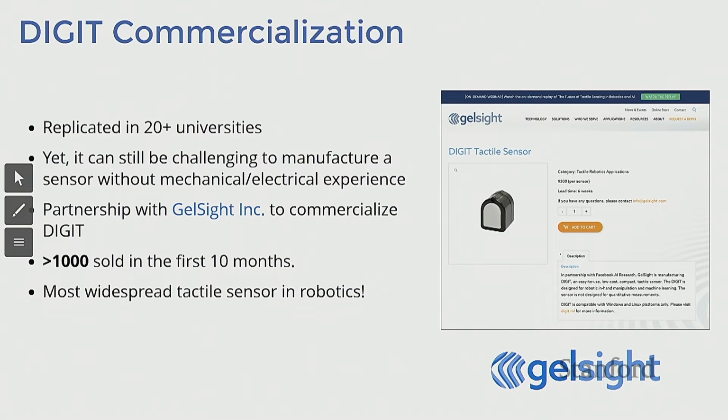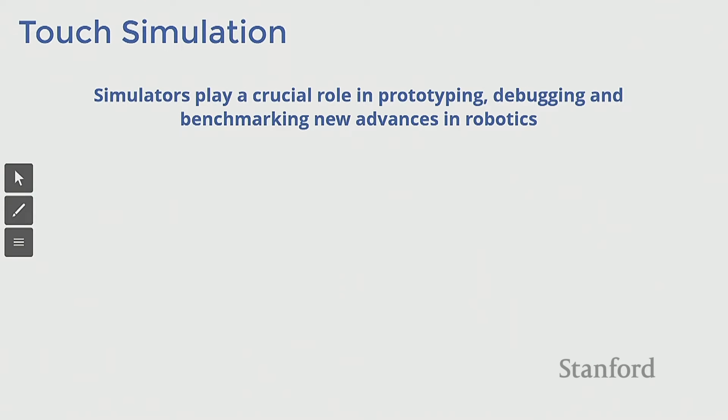So after we have the hardware, let's move on to simulation. Simulation is generally a really important topic for any scientific fields, because it allows you to play with things. It allows you to benchmark your algorithms. It allows you to measure progress and do fast prototyping.